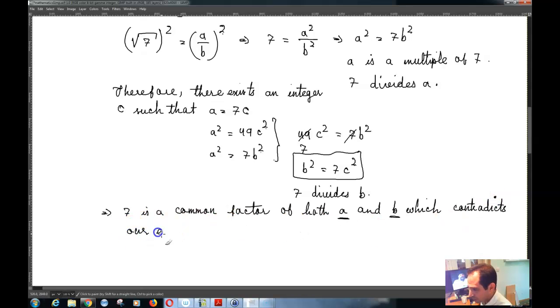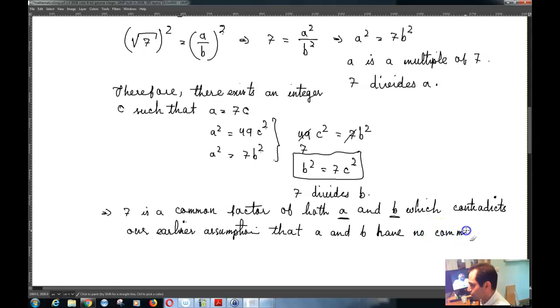You can see that this is a very clever way of proving this. It contradicts our earlier assumption that A and B have no common factors.